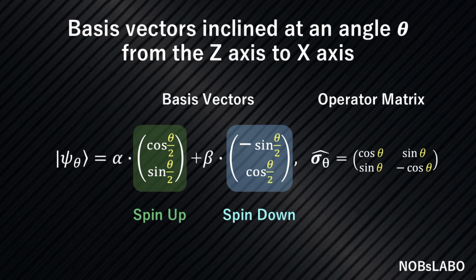The wave function of the electron spin tilted by an angle theta from the z-axis to the x-axis is shown in the slide. Let's try to show this with an animation of the state space.